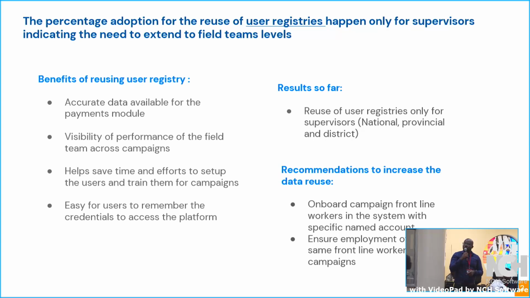The recommendation is this: most of the time they just come and have credentials, so we don't do onboarding when we make the registration and capture more data on those users. If you do onboarding and capture more data and give them not code users but named users that they use across campaigns, that is something that we also recommend.